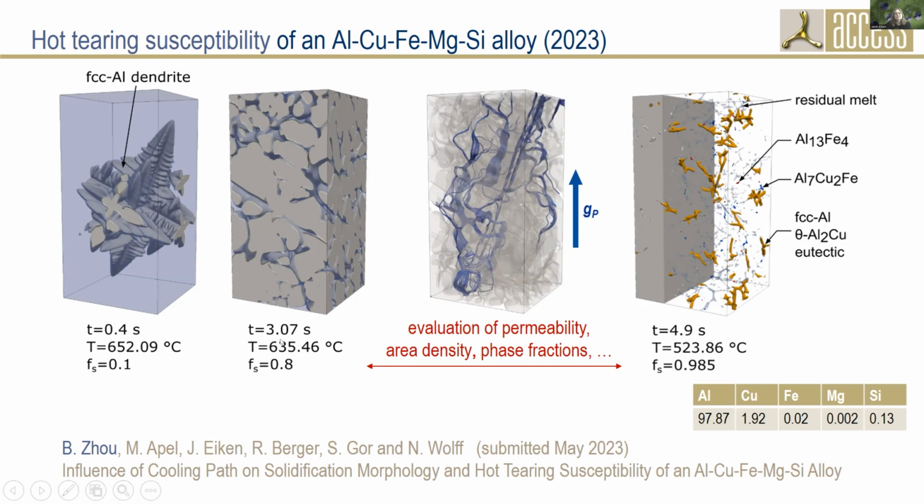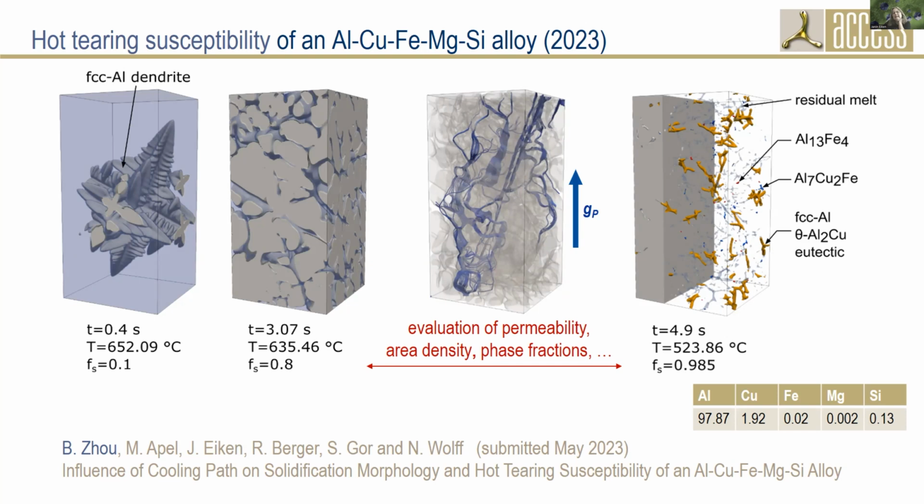During these moments, in the last stage of the simulation, the permeability was evaluated using our fluid flow solver by imposing pressure gradients in different directions. Also the surface area density and other morphology data and the phase fractions were evaluated, and the idea was to correlate this morphology evolution to the hot tearing susceptibility.